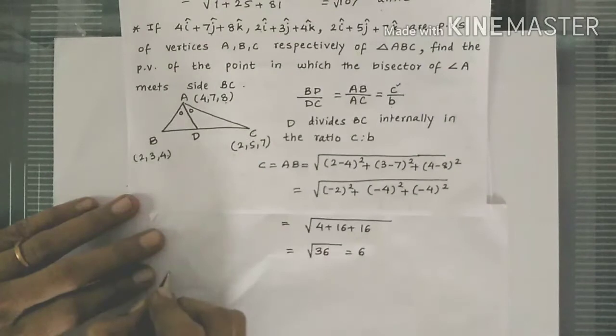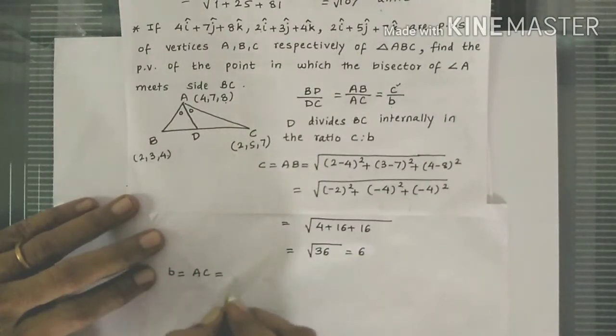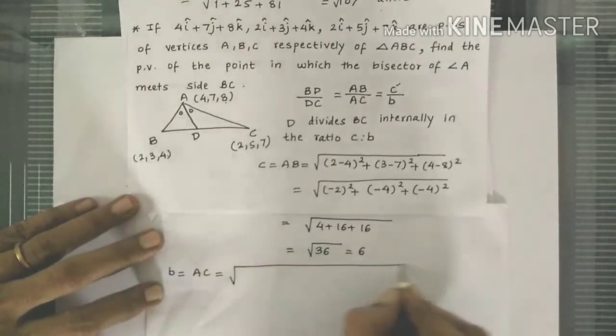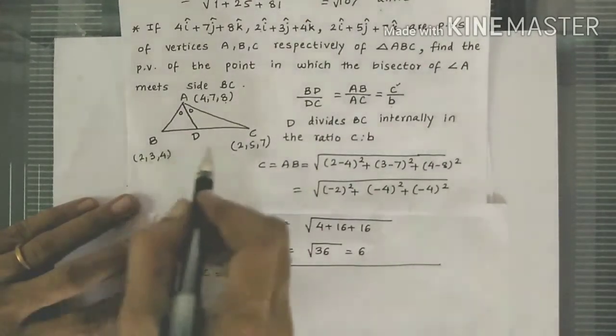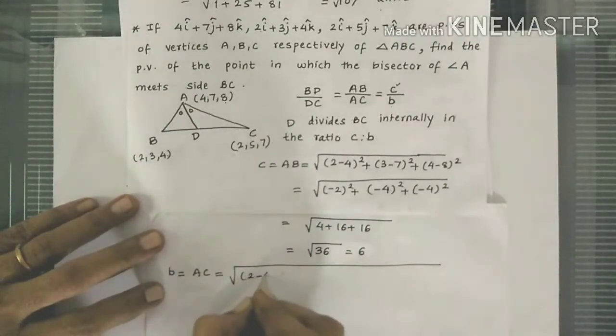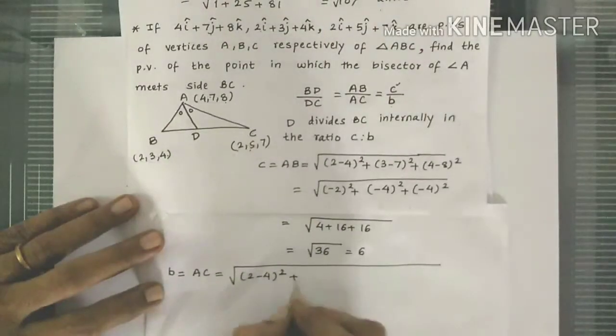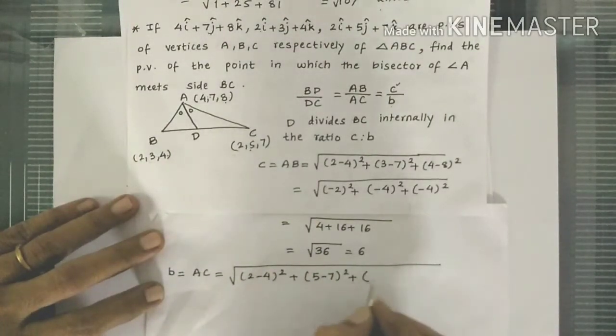Let's find out small letter b. b is side AC. Now side AC, consider A and C. So we have 2 minus 4 square. Next one is 5 minus 7 square. And the difference of the z coordinates is 7 minus 8.